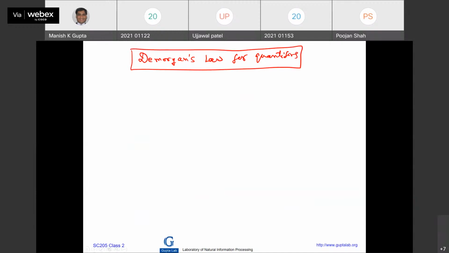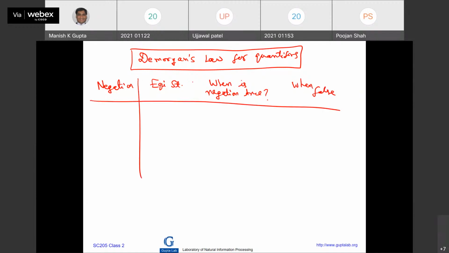Okay, so the first thing, negation, equivalent statement. When is negation true, and when false? Negation of there exists x, P(x).